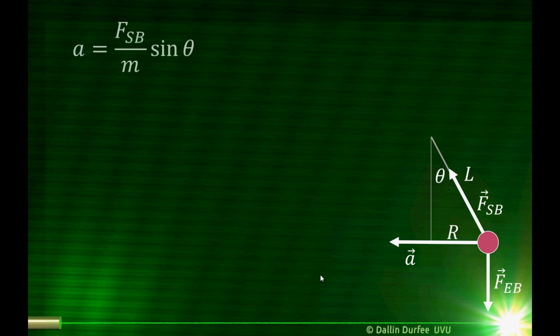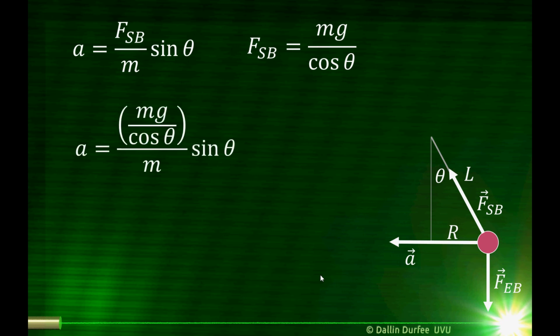So we found that the acceleration is the force of the string on the ball over m times sine of theta, and we found that the force of the string on the ball is just mg over cosine of theta. We put them together, the m's cancel out, and this just becomes g tangent of theta.